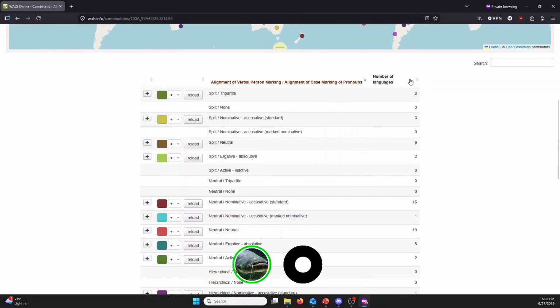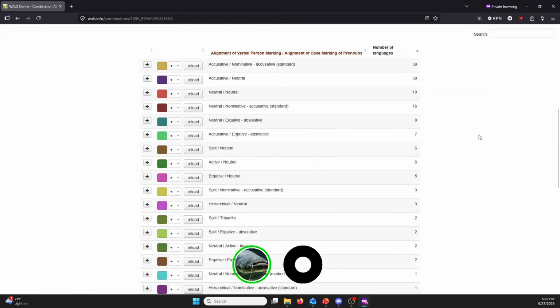Of the languages that we have data for, it is very common to be nominative accusative in verbal person marking and case marking. Slightly less common is accusative verbal marking and neutral case marking.